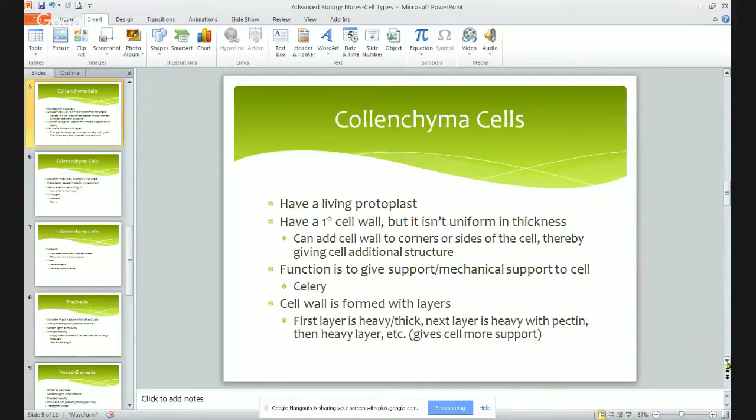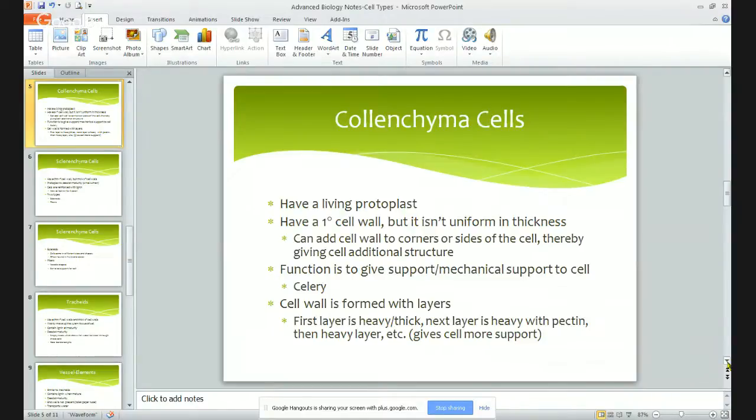So you can bite through all the parenchyma cells fairly easily, but then you have to rip those little ribs that are going all the way through, and that's collenchyma tissue.